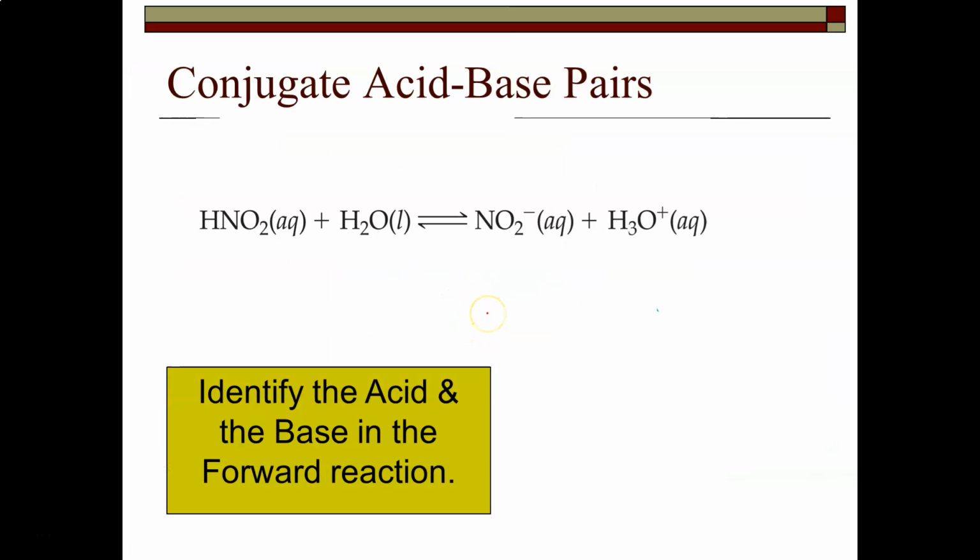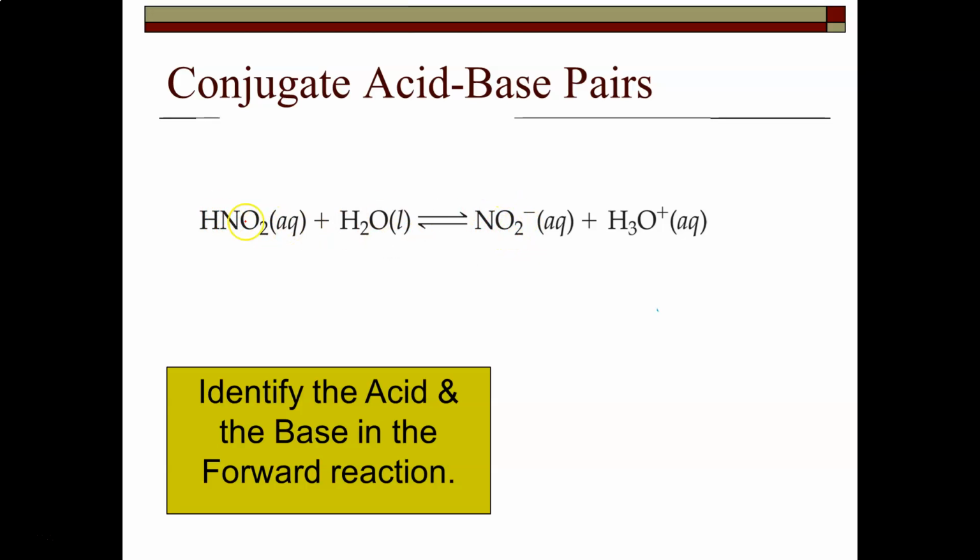Okay, so look at our example here for conjugate acid-base pairs. We have HNO2 plus H2O yields NO2 minus and H3O plus. We want to identify the acid and base in the forward reaction, which is really easy. The forward reaction is the reaction going left to right. So you have HNO2 plus H2O, and on the product side, you have NO2 minus.